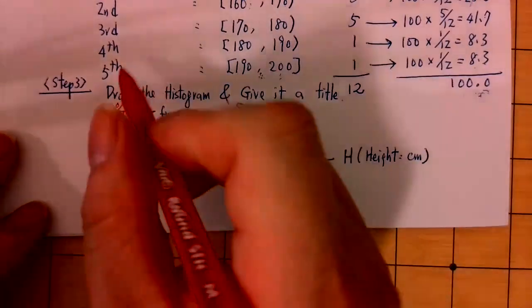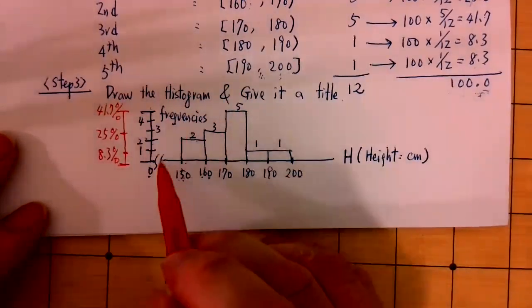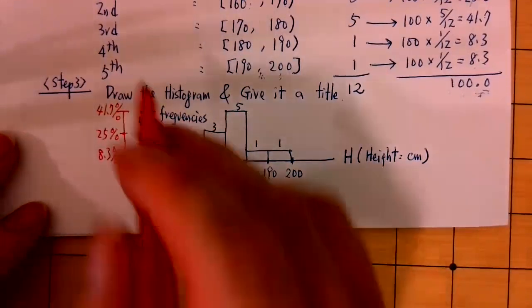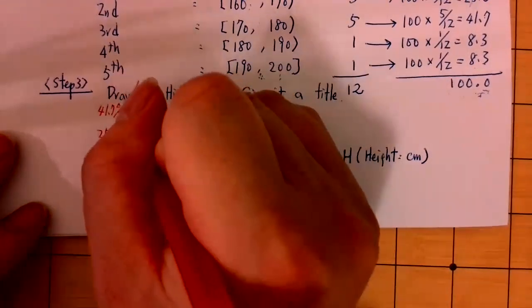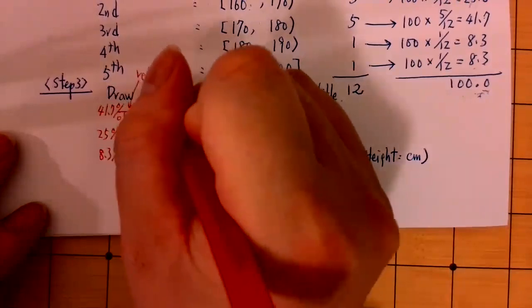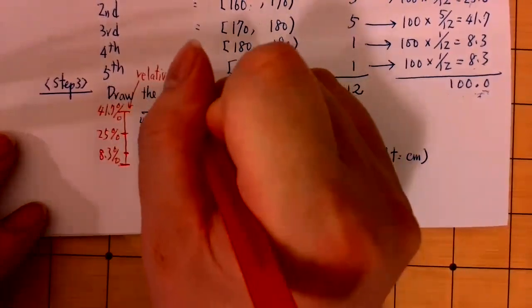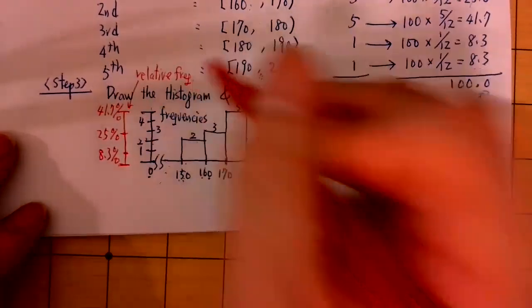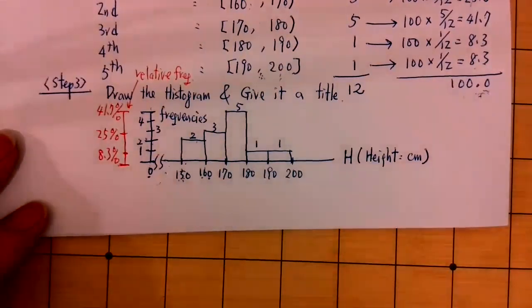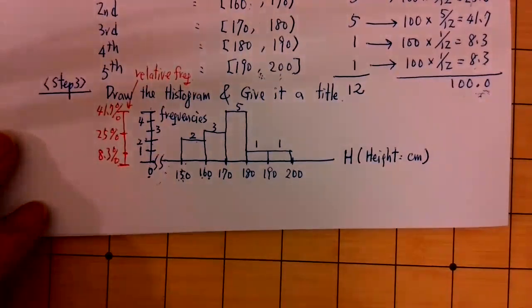Okay? So the vertical axis, you can use frequency, but also you can use relative frequency. And remember to give the picture a title.